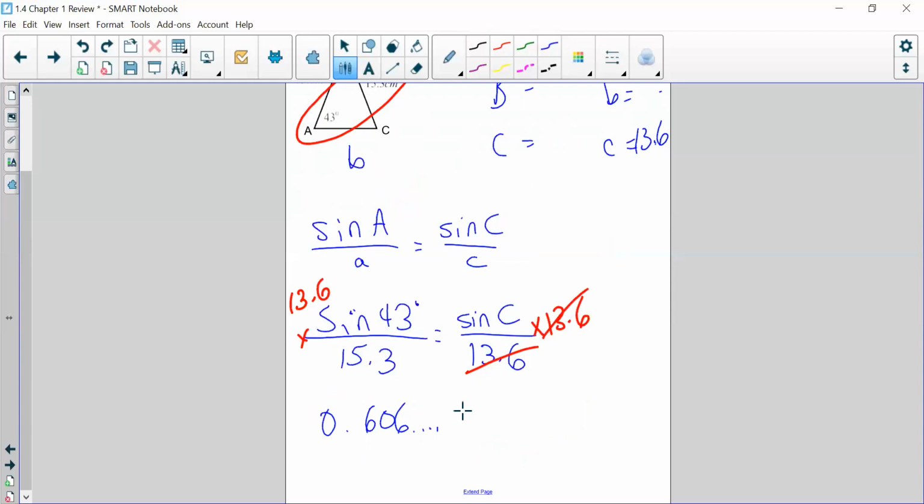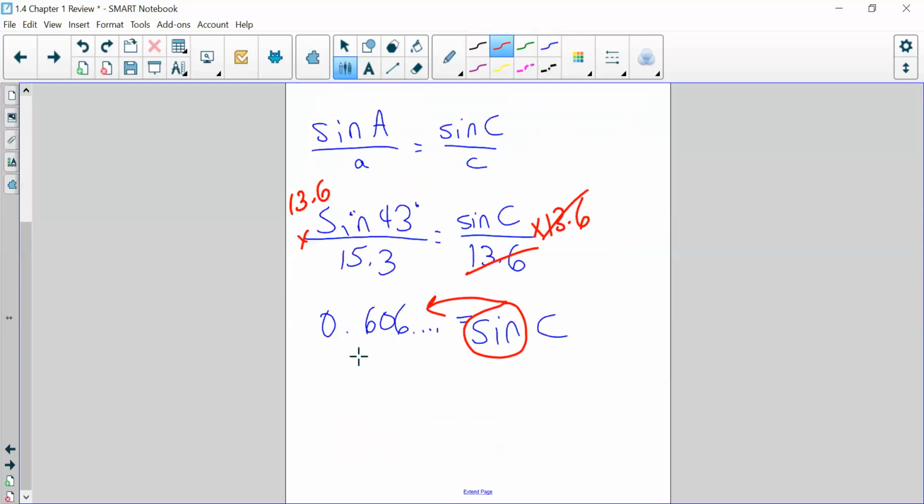That's equal to sine of C. So I'm going to, on my calculator, do sine -1 of my answer to get C. Get a 37-degree angle.